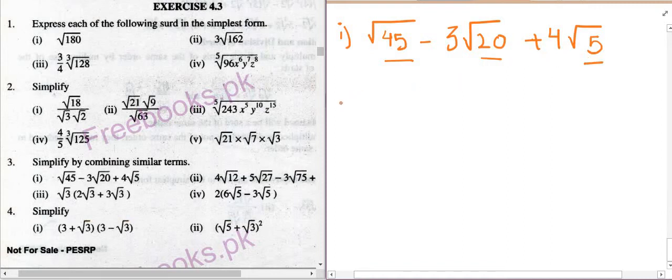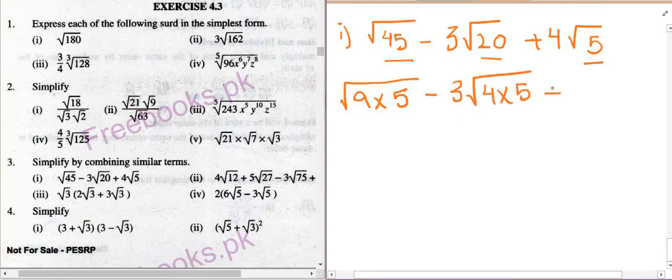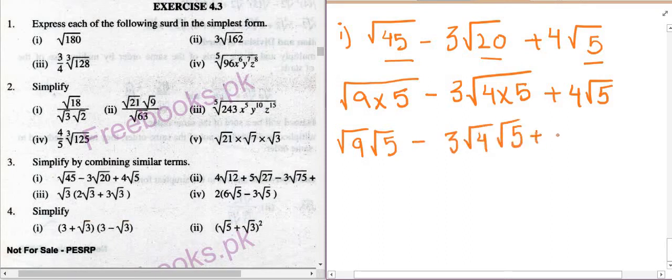So we can write it as √(9 × 5) − 3√(4 × 5) + 4√5. We can write it as 3√5 − 3 × 2√5 + 4√5.